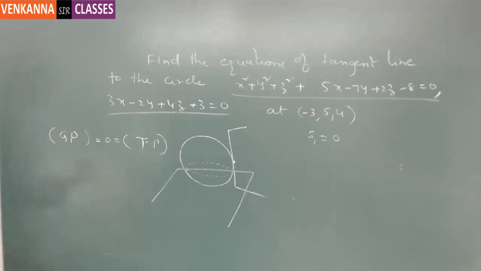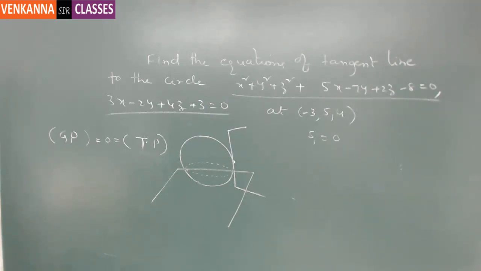So just imagine that the tangent line is the intersection of two planes. How are we writing the tangent line?